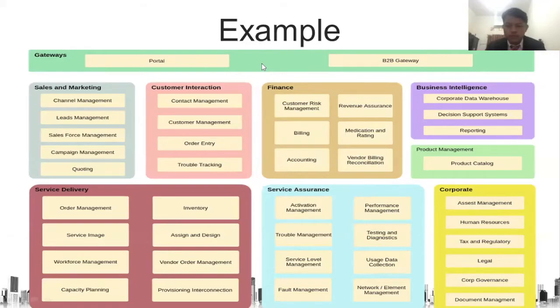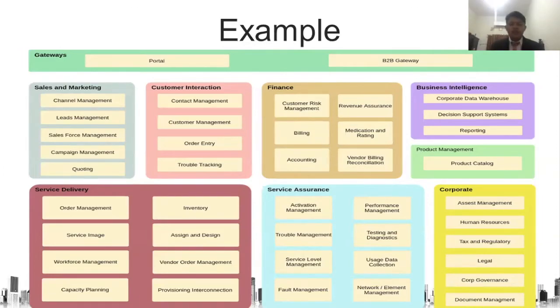The example will be explained by my partner Umar Abdullah Azzam. Here we have an example of business architecture in a corporation.